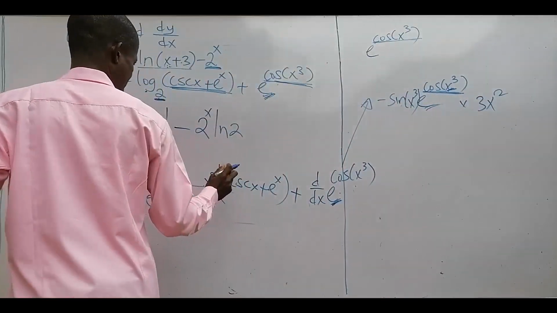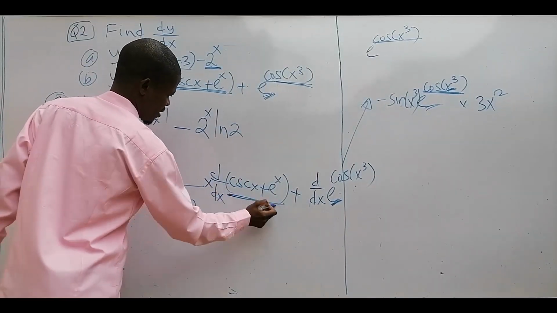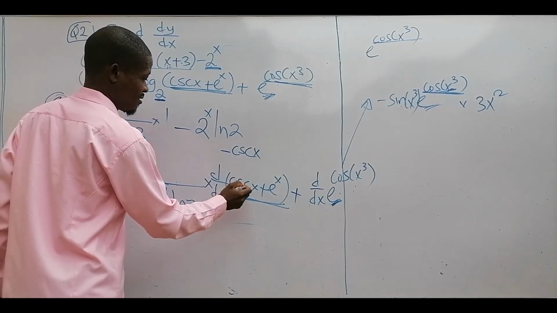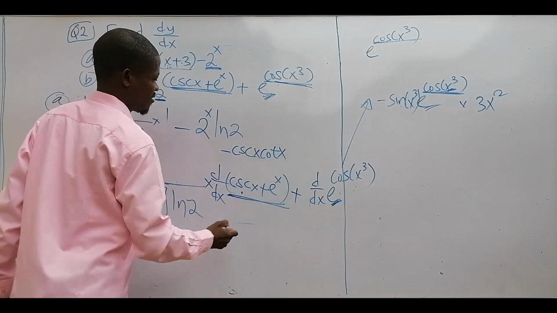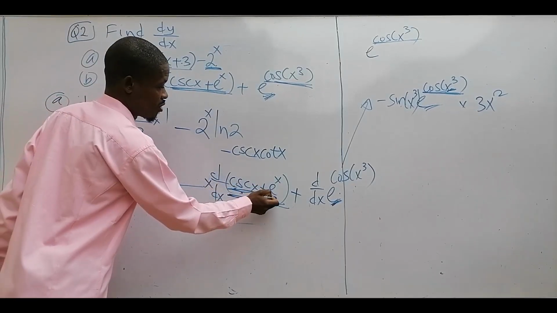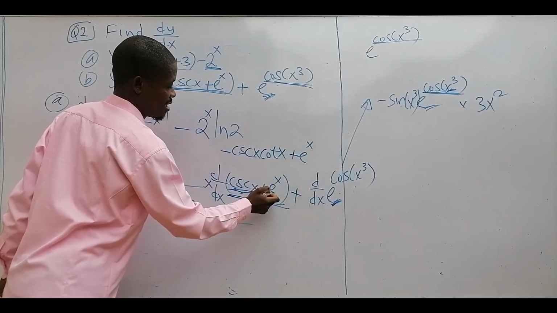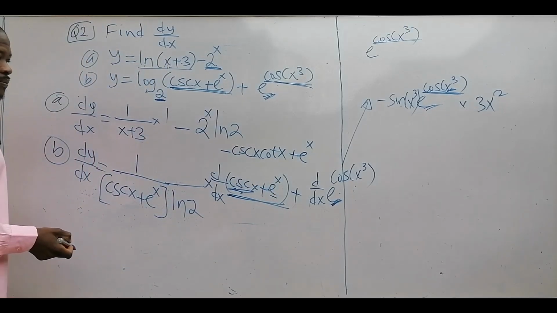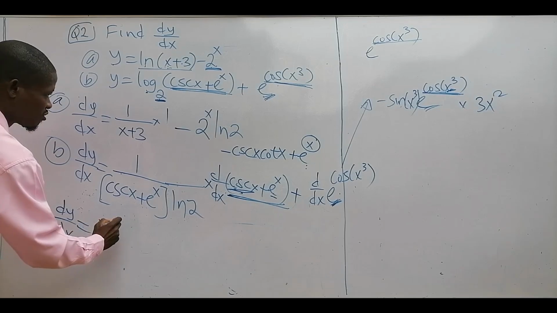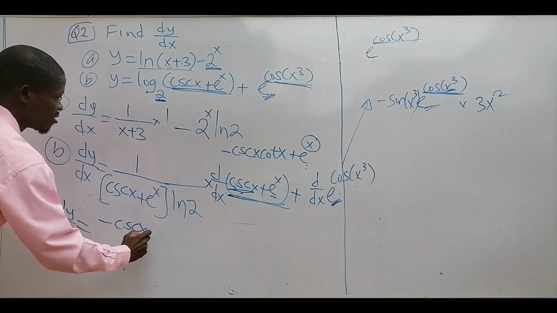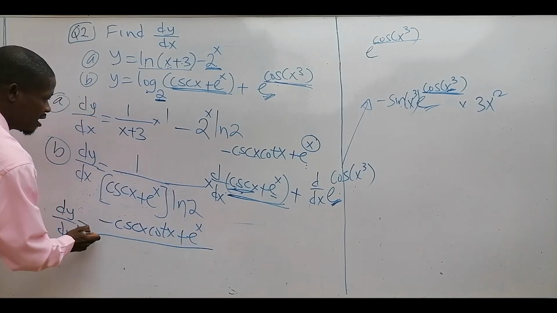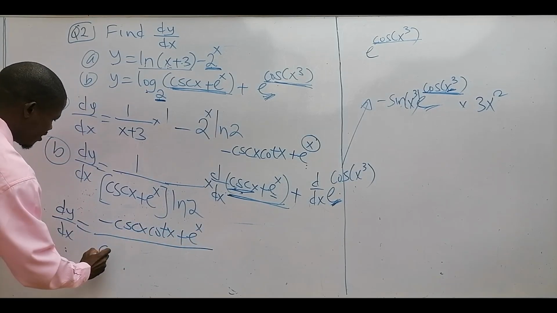And then for this one, if you differentiate csc x, it is going to give you minus cosec x times cot x. So that's the derivative of csc, and then plus the derivative of this exponential function. Okay, we now have the final conclusion, dy/dx: minus cosec x cot x plus exponential to power x, all over this one.